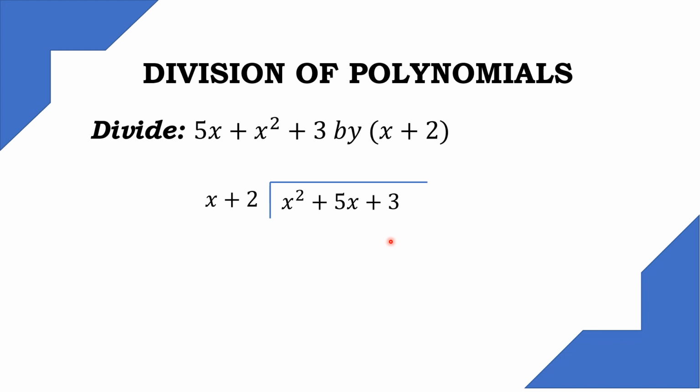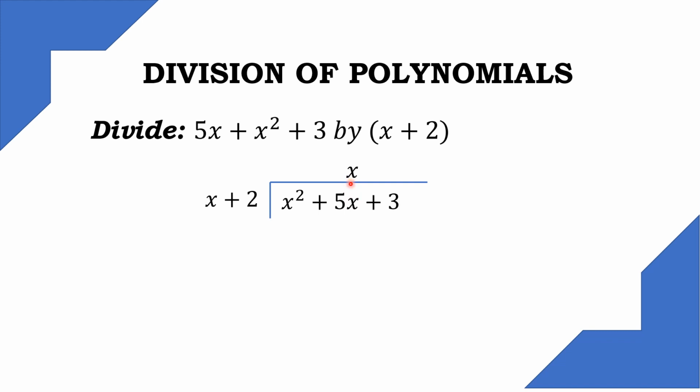For the next step, find the first term of the quotient by dividing the first term of the dividend by the first term of the divisor. So, in this case, we are going to divide x squared by x. So, we will obtain x. And then, multiply each term in the divisor by x.